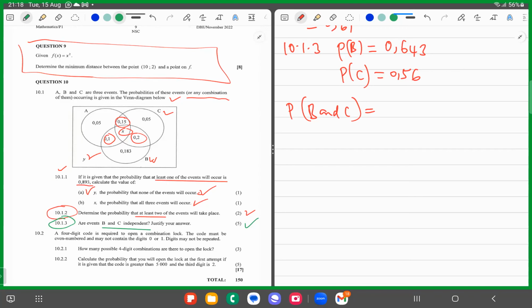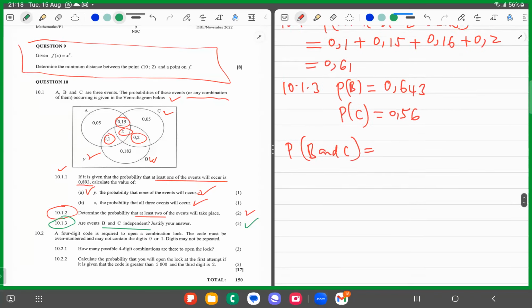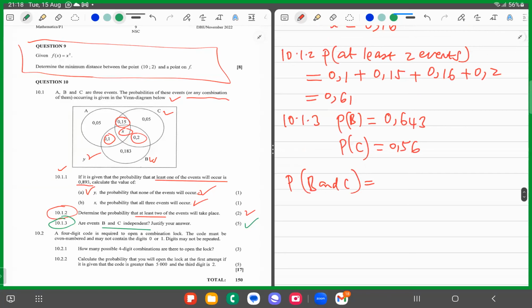B intersection C would be X and 0.2, for example. When you add those, what do you get?